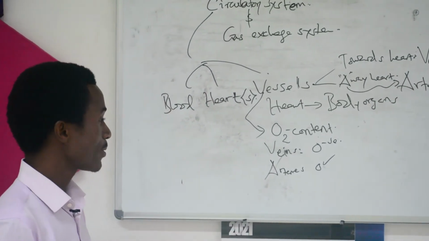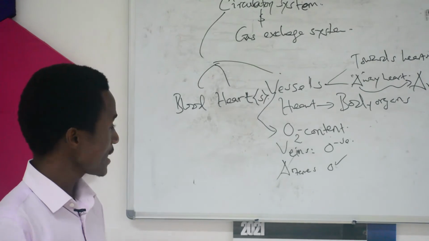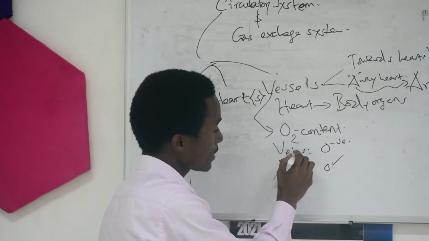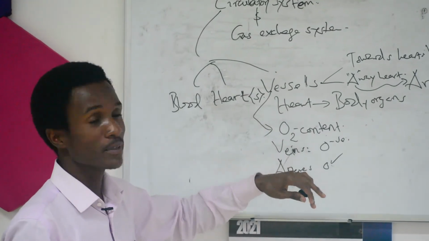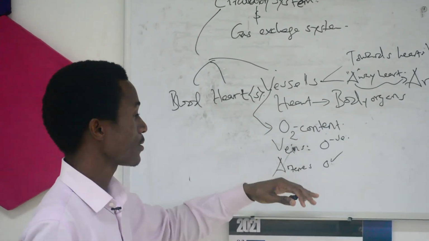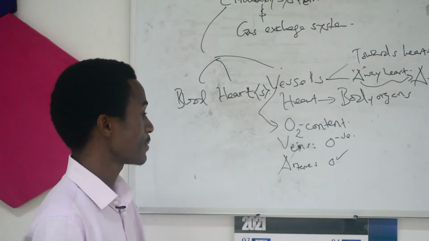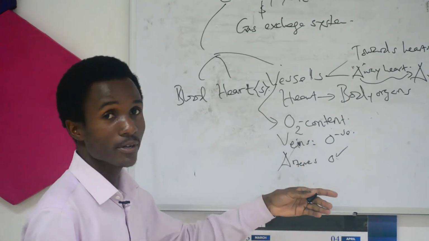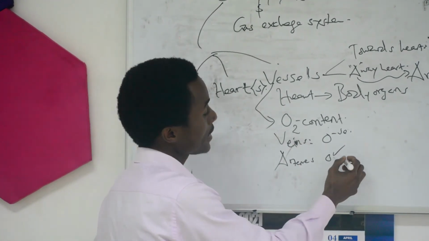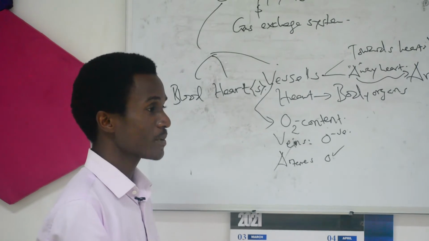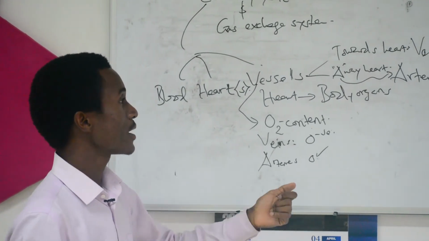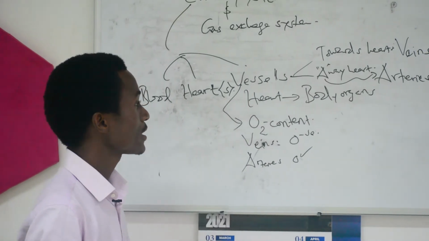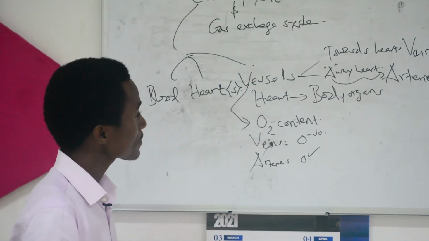Why that is, you might be wondering. It is misleading because not all veins carry deoxygenated blood. We've got the pulmonary veins that carry oxygenated blood and the pulmonary arteries that carry deoxygenated blood. So it is much safer defining these vessels according to the direction in which they transport blood.